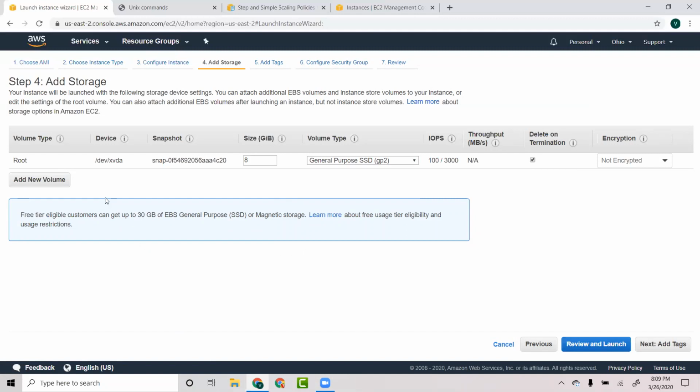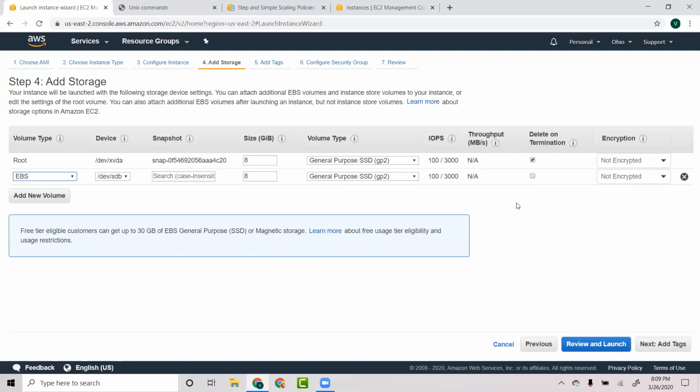But if I attach an additional volume, meaning an additional hard disk, then by default this is unchecked, because this is a secondary one. Root volume is where the operating system gets installed. So by default, when an EC2 instance gets terminated, you want your root volume to be deleted too. Make sense? And by the way, you will be able to encrypt both the root device volume and additional EBS volumes.